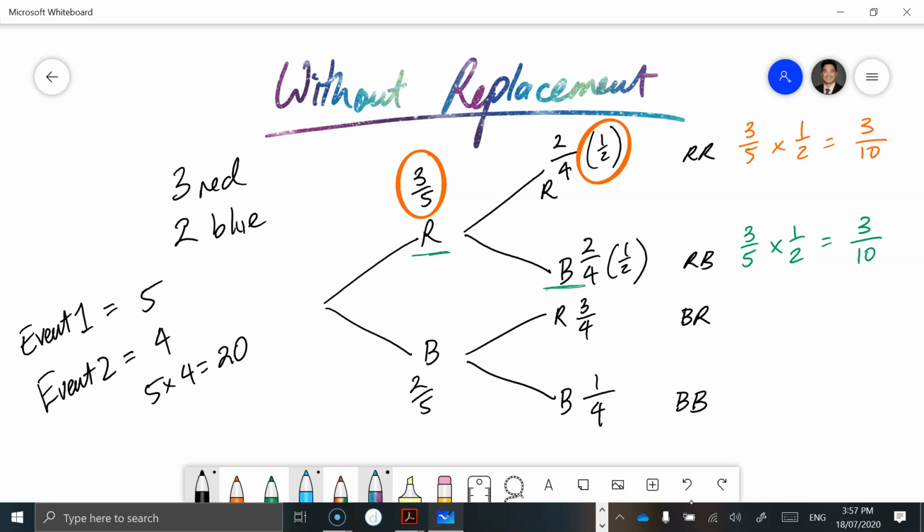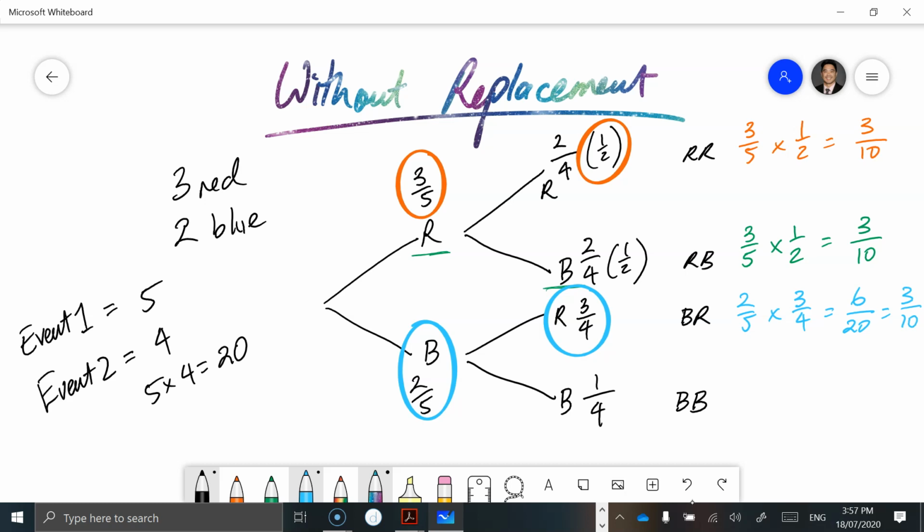So if we want to work out the probability of getting a blue and then a red, we're looking at 2 over 5 times 3/4, and the outcome is 6 over 20, which is 3 over 10. So out of the 20 possible outcomes, 6 of them is going to be blue and then a red.